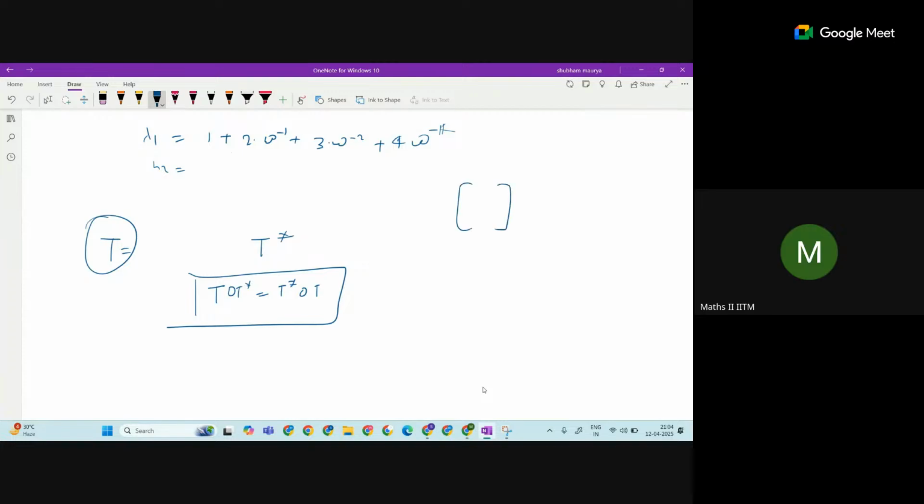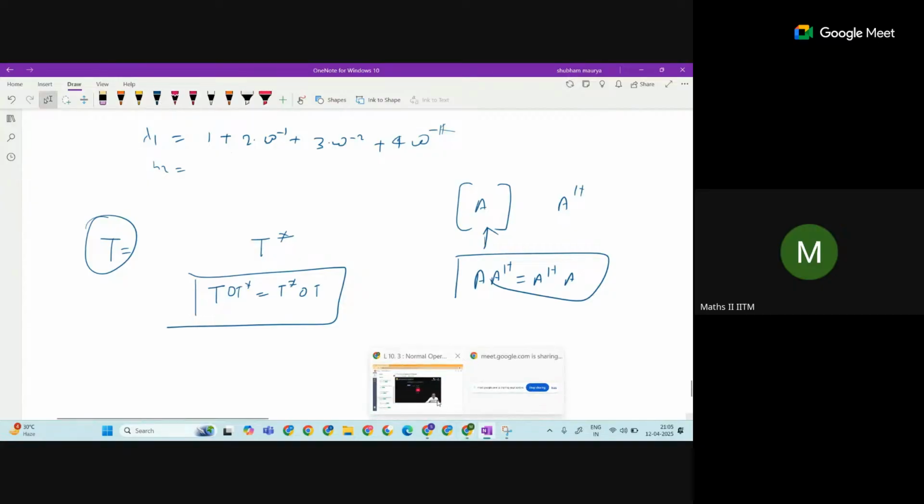If your matrix A is given, find the Hermitian of it, and if A and A Hermitian commute with each other, then your matrix is normal. That's all. That is your normal matrix.